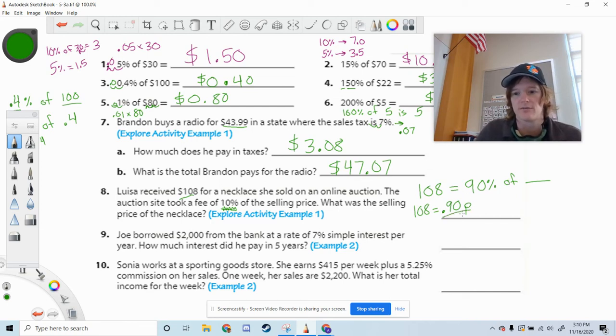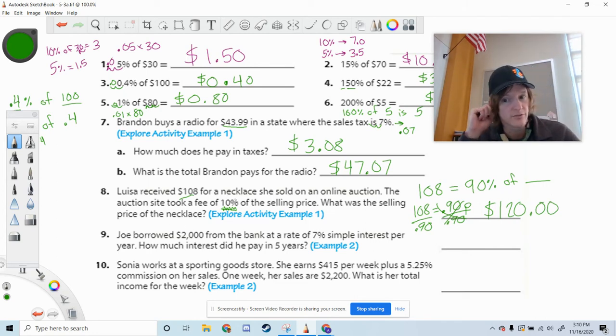So in order to solve this, we'll divide by 0.90. So 108 divided by 0.9 shows us the original price was $120. And then they took 10% of that away. They took $12 away. And I can tell you that's 12 because 10%, you move the decimal one spot over. That's $12. And 120 minus 12 is 108.